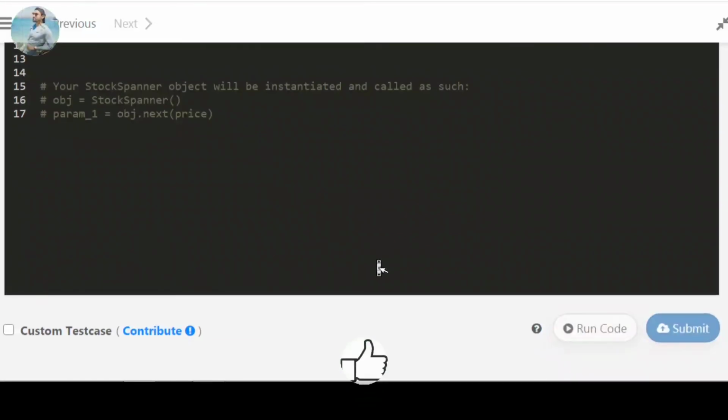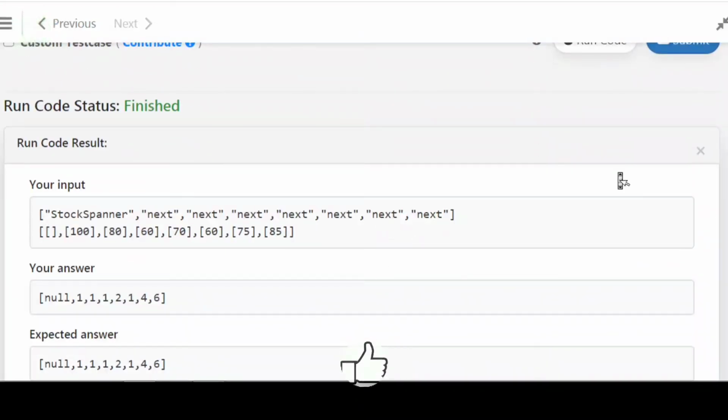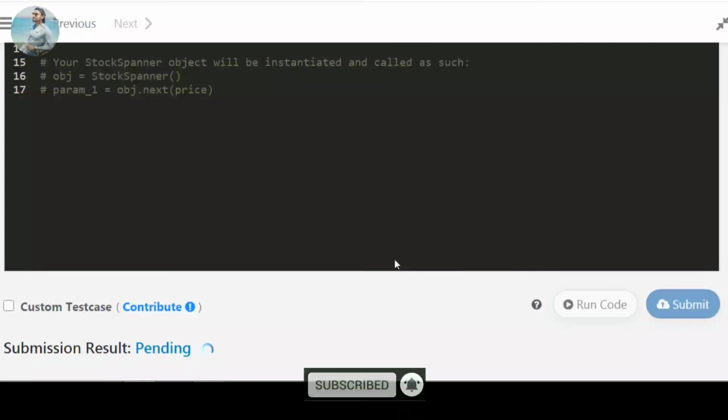Now we check it. Yes, it is running successfully, so we submit it.